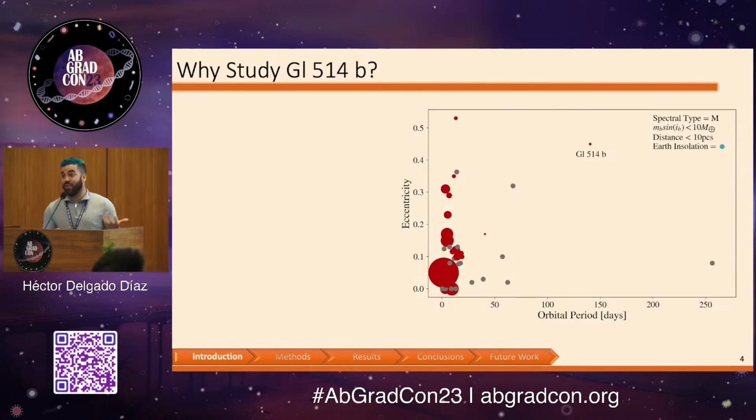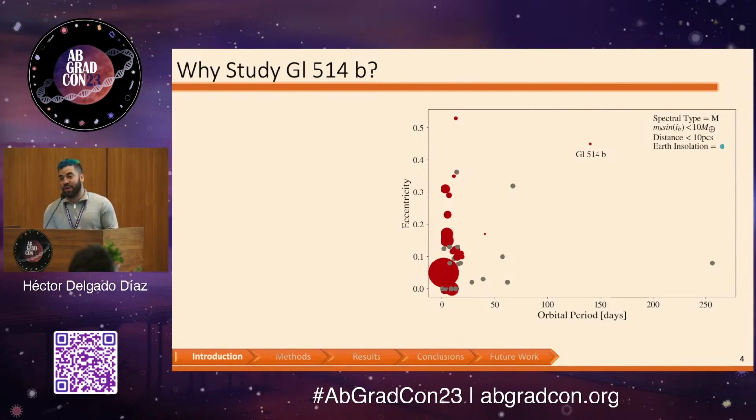The bigger the bubble, the more radiation the planet is receiving. Gray dots represent that we don't have data for the insolation, so they don't show any information about that. But in particular, when we look at GL514b, which is in the middle of this graph on the top side, we see that it's almost unique.